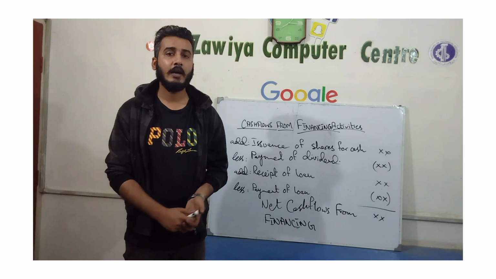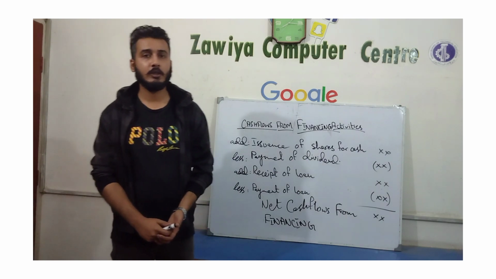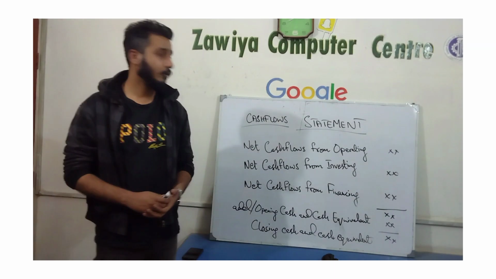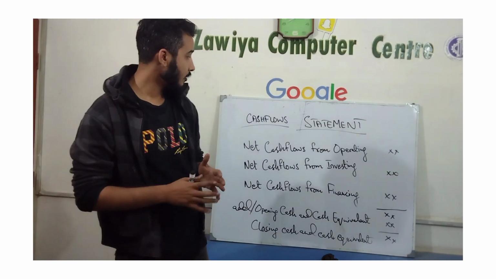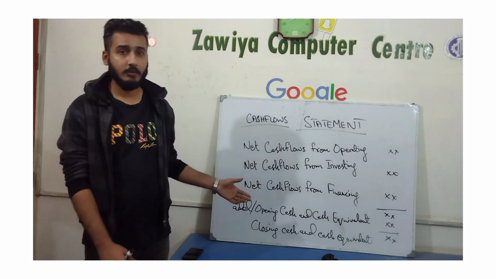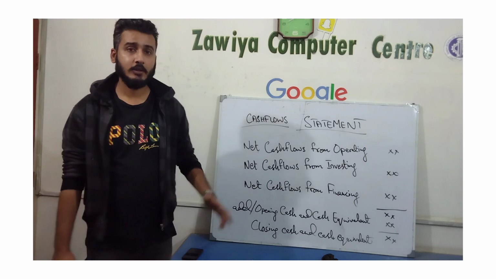Now let us discuss what we have to do with the net cash flows from all these three activities. By getting the net cash flows from all these three activities, we shall add or less whatever the cash flows are.